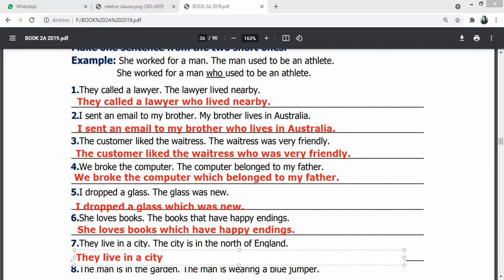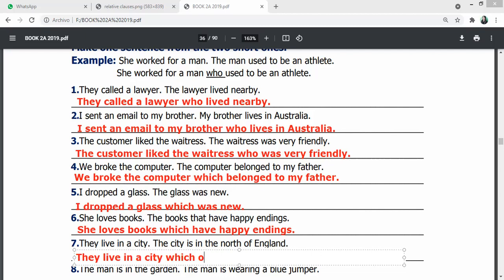Because where is used for the location of a place, right? But in this case, we are talking about location also, but we are not going to use where because it doesn't make sense, porque no tiene sentido lo que estamos diciendo, okay? That's why.